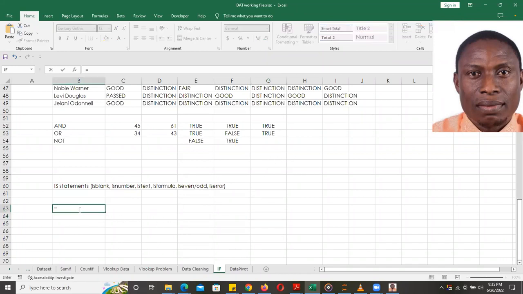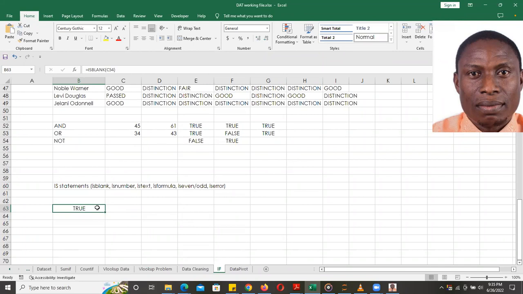Let me start by saying ISBLANK. You check this. Definitely we know that this one is not blank. You can see it's telling us false. That means the cell is not blank. So let me pick the one that is blank. You can see it's telling us true.